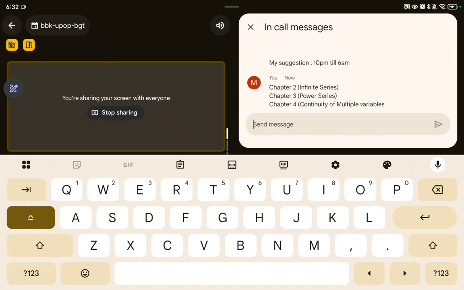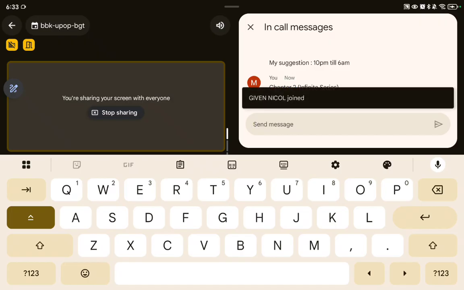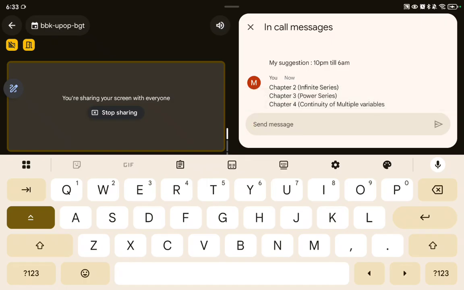Continuity of multiple variables. And then Sunday, what time should we meet on Sunday? On Sunday, man. So, yes.